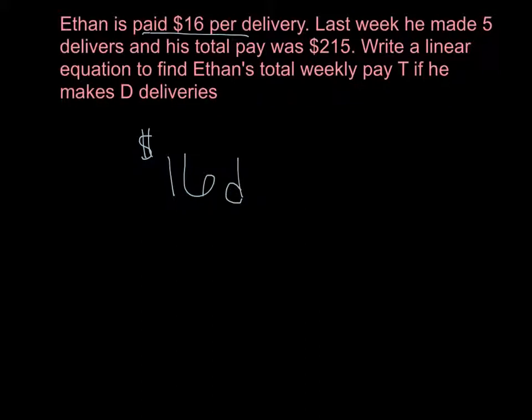So then it also tells us that last week he made 5 deliveries, and his total was $215. So we have to figure out what my y-intercept is. My 16 would be my slope, the deliveries would be my x, and my total would be my y.